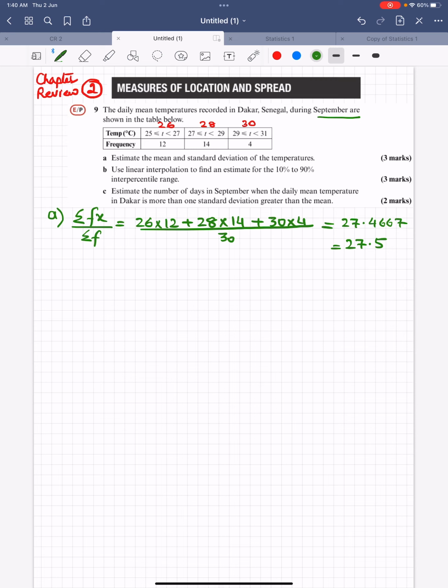Now we move on to standard deviation. Standard deviation is the square root of the mean of the squares minus the square of the mean.